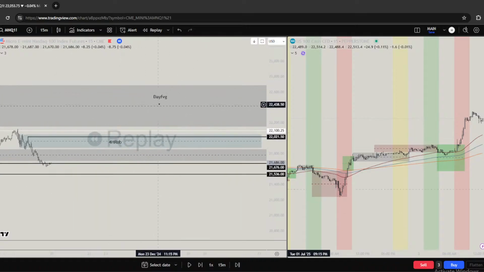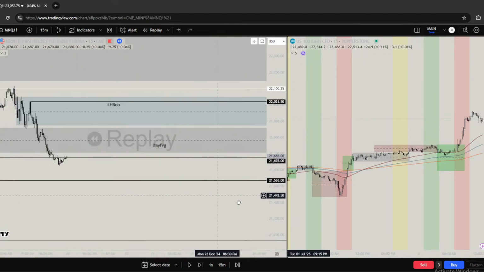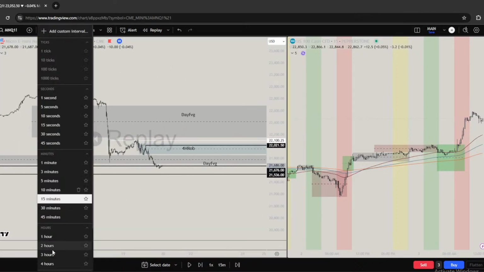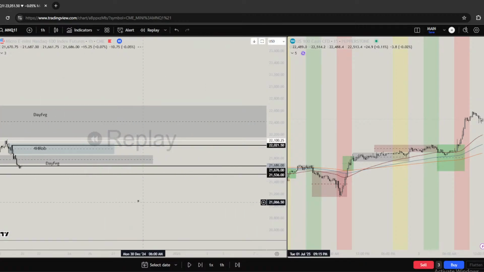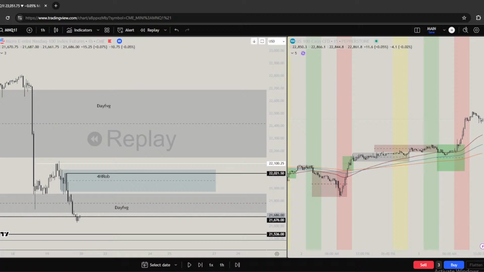Let's see what price wants to do. Hold on, let me mark out my buy side. Hold on. Get to it.